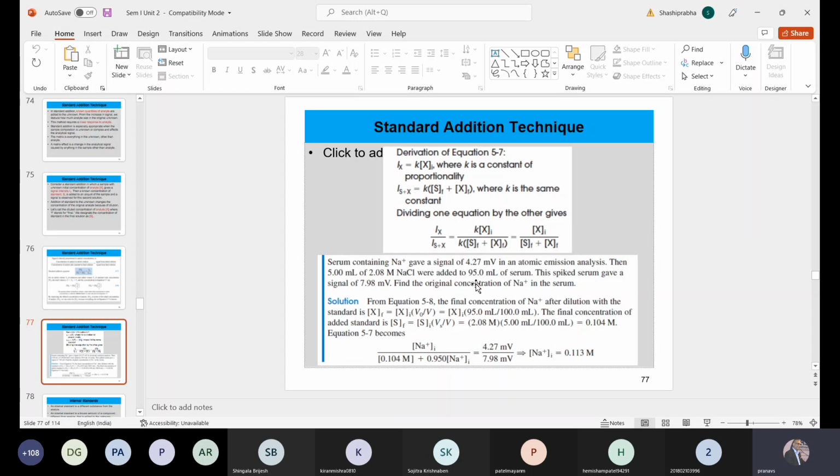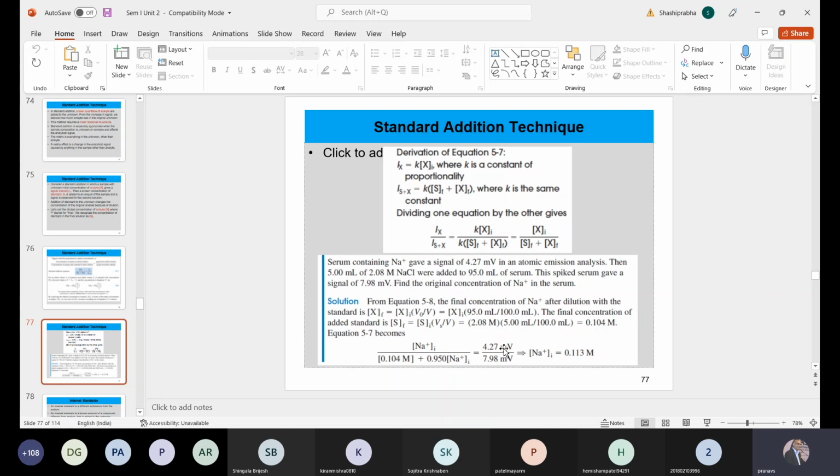Now, if you look at what values we have with us: of course, we have a signal corresponding to the sodium ion present in the serum, which is 4.27. So that will be Ix.